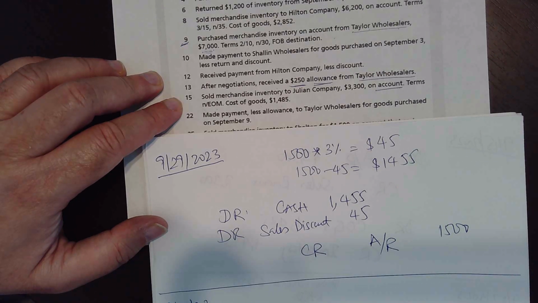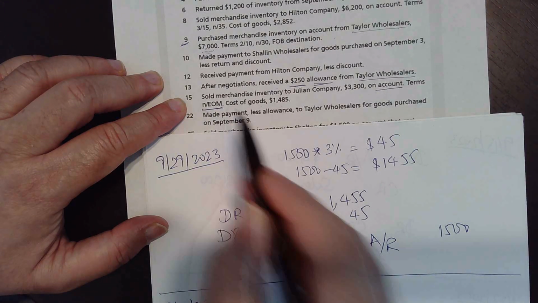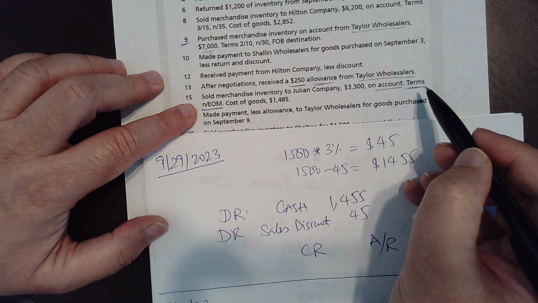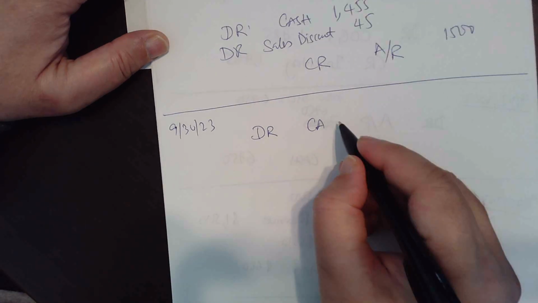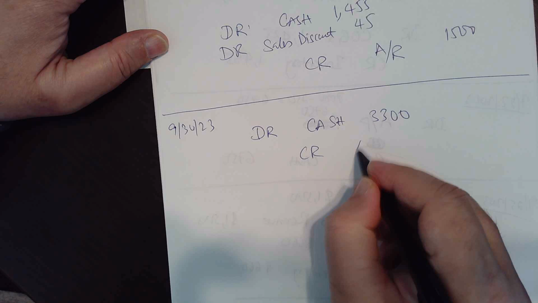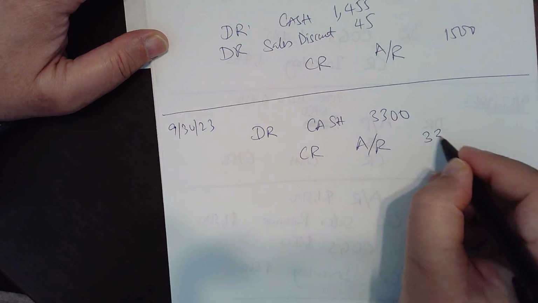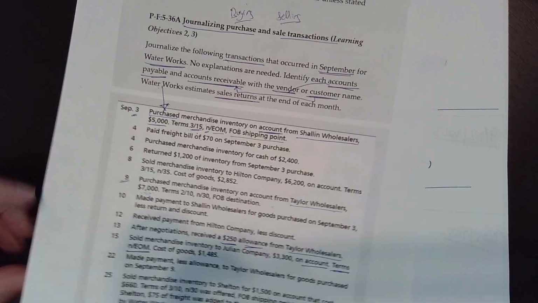And as you see, their term and condition is the whole amount is due by the end of the month. So that means we're going to receive, debit cash $3,300, and we're going to credit accounts receivable for $3,300. Okay.